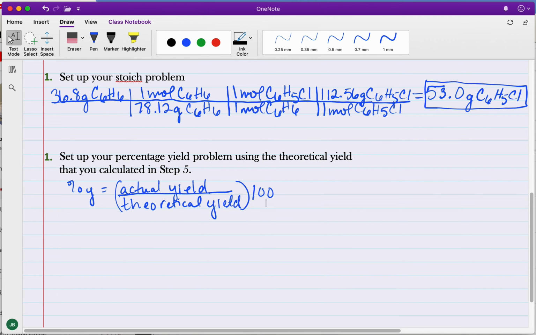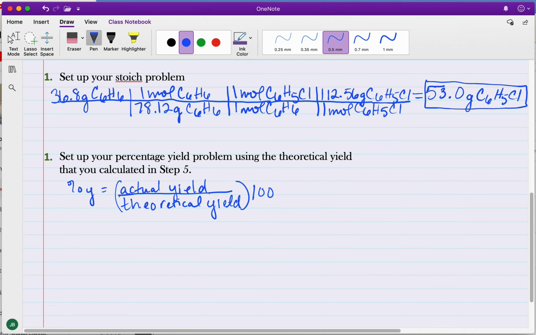Now don't forget, your actual yield should always be smaller than your theoretical yield. If you come up with a theoretical yield, when you do all your stoichiometry, and you find that your theoretical yield is smaller than the actual, bells need to go off, sirens need to go off in your head. You did something wrong. There's something either not set up right in your problem, or you've punched and crunched incorrectly, and you need to try to rework your stoichiometry problem up here.